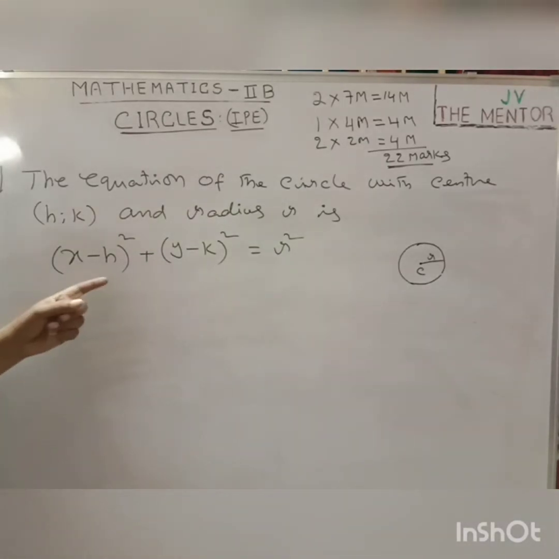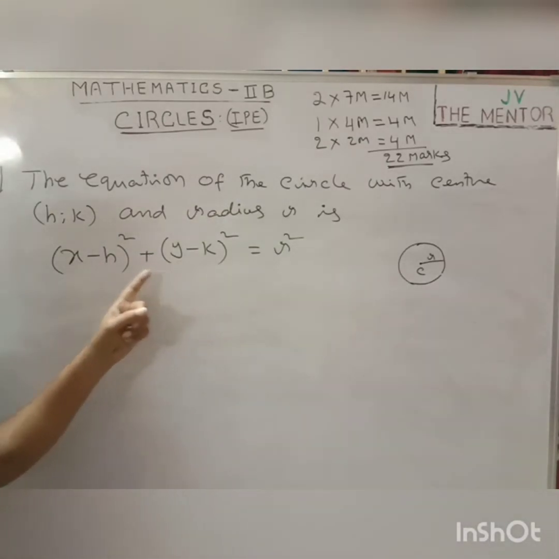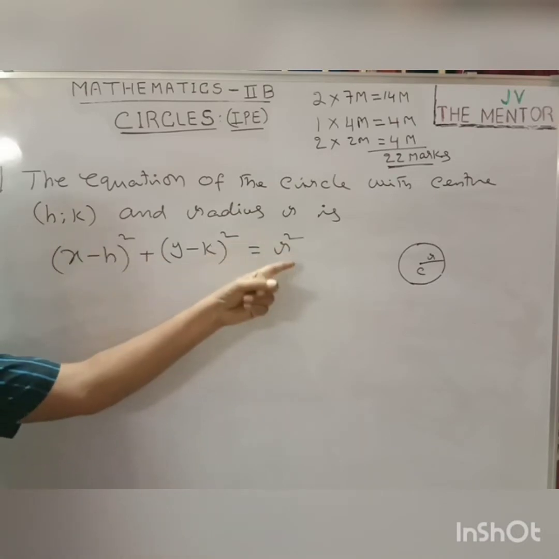Okay, this is the equation of the circle with the center h comma k and radius r.